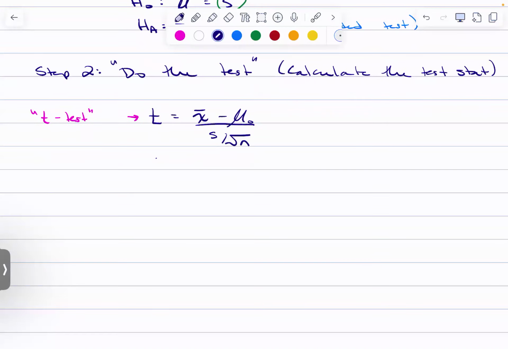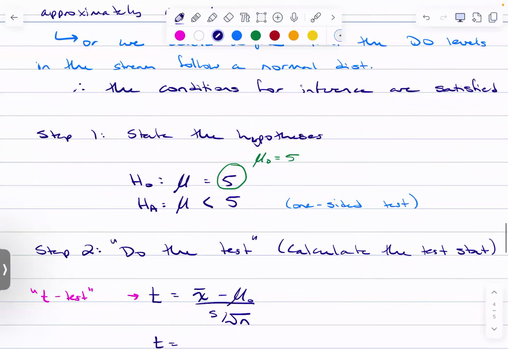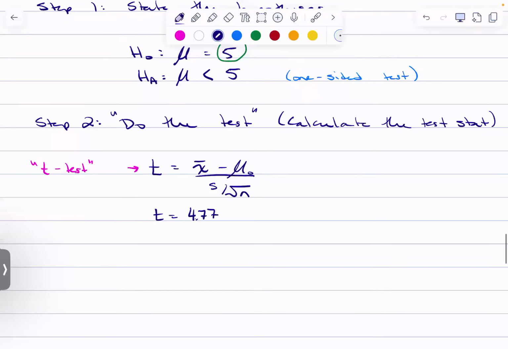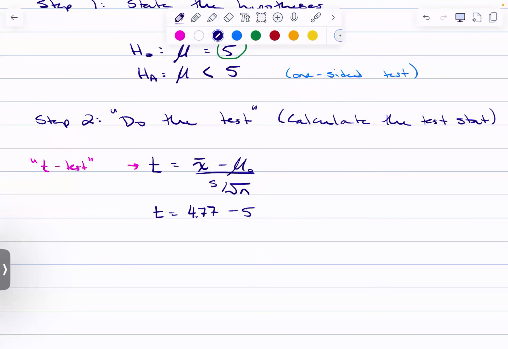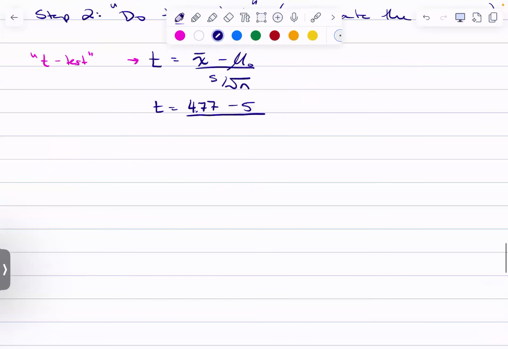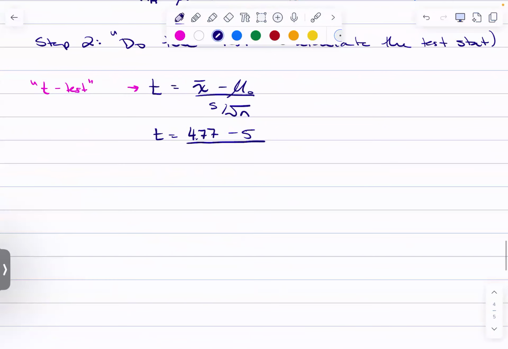Okay, so for us, our T, x bar was 4.77. How far is it from 5, taking into account the spread? Divided by s, which was 0.94, divided by the square root of n, which is 15.